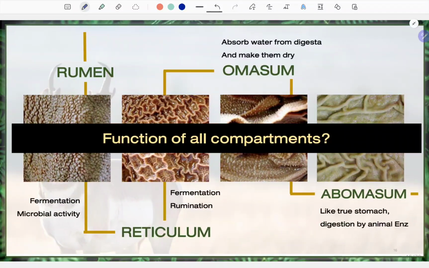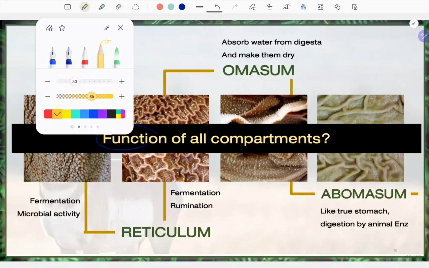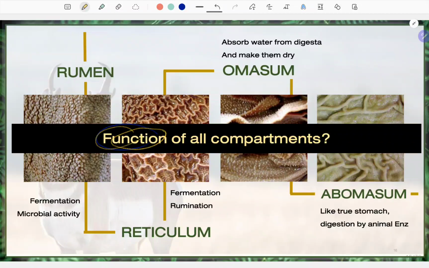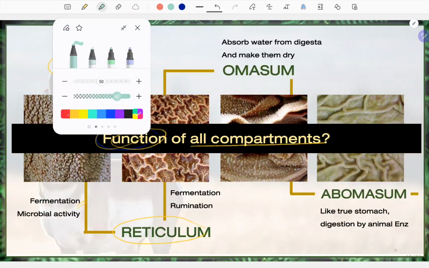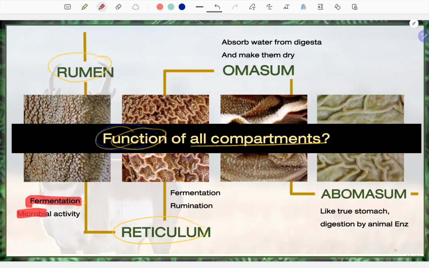Rumen. So the rumen stays here forever. Functions of the compartments: the rumen and reticulum have fermentation by microbe activity. They have fermentation and rumination.